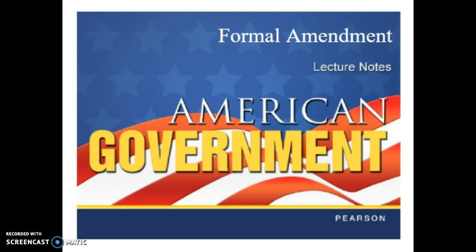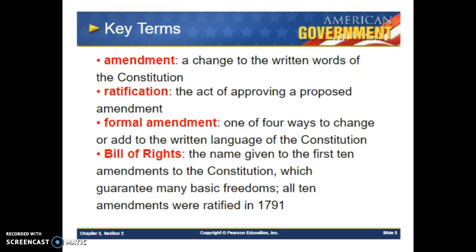Also understand that the ways in which we can make changes to the Constitution is either through a formal amendment or an informal amendment. And this set of notes is going to focus primarily on the formal amendment process. So here are some key terms that we are going to be talking about through this set of notes. So first and foremost, amendment.